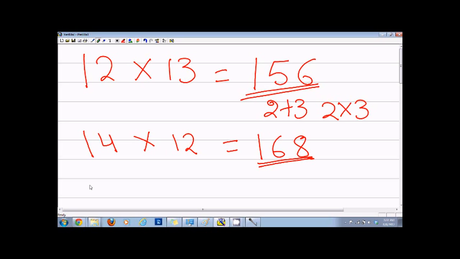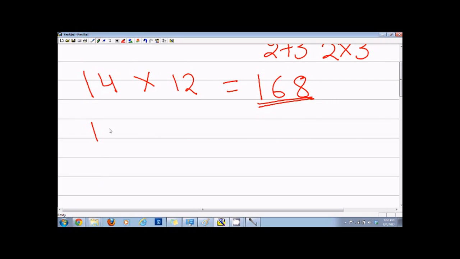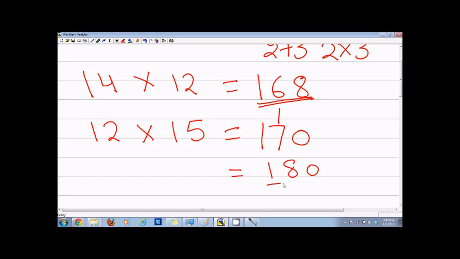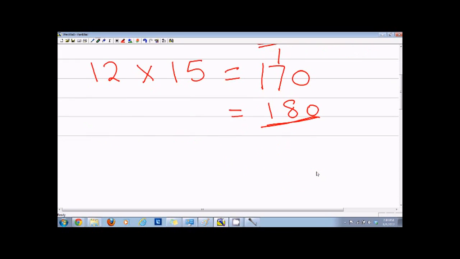For example, if I have 12 and I want to multiply by 15, I will write 1 and then I say 5 plus 2 is 7, but 5 into 2 is 10, so I will write 0 here and I have to take 1 as a carry on, so the answer will be 180. So this is a little trick that you need to remember for doing this kind of multiplication.